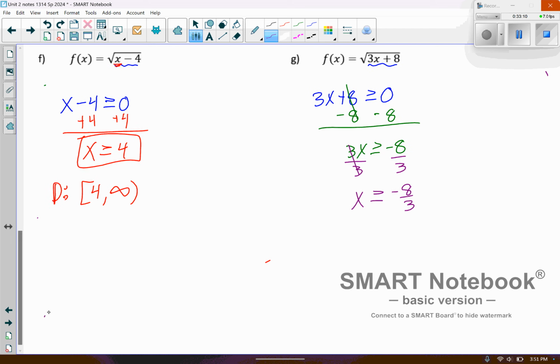And so pretty much going to do the same thing we did on part F. So greater than or equal to. This is going to be the smallest value that's possible, and it is included. So -8/3, comma, and then going towards 0, and then all the positive numbers. So we use infinity to describe that behavior. And then we always use a parenthesis with our infinity right there.